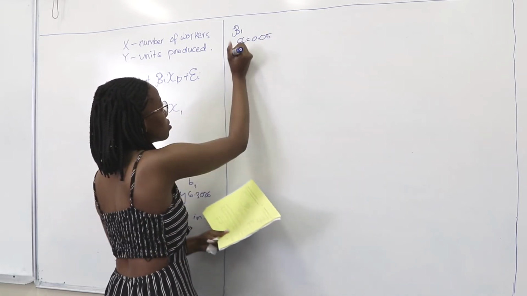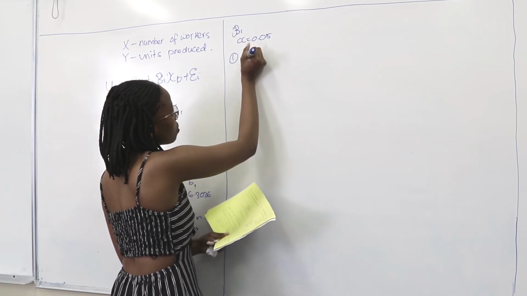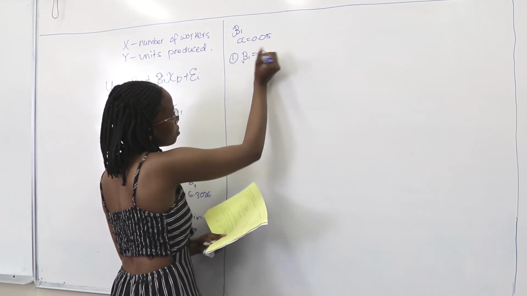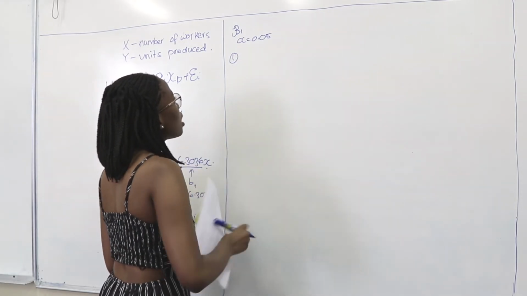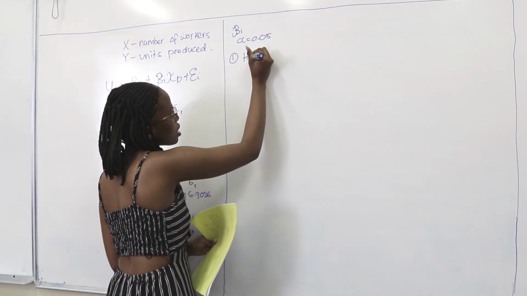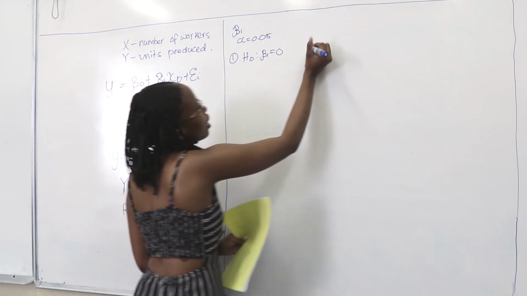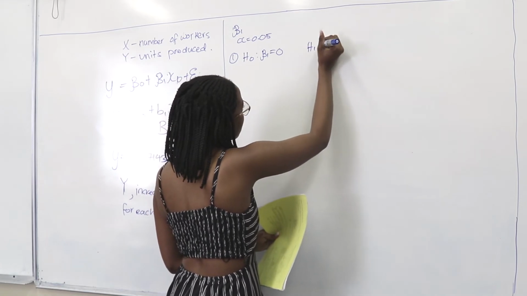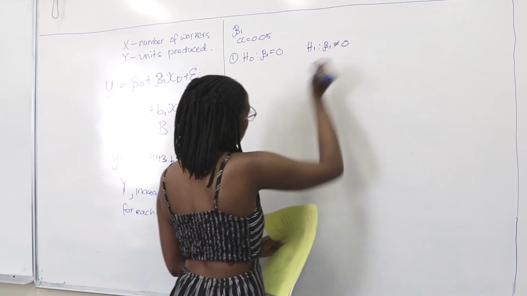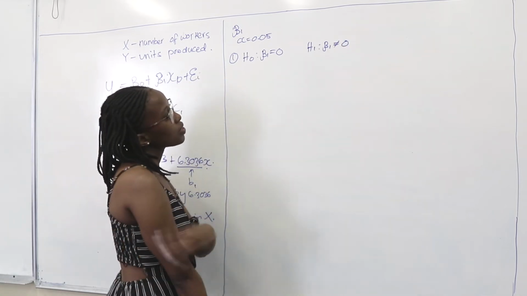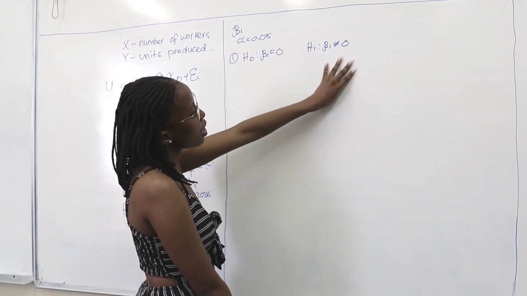So we're going to do normal hypothesis testing. Our null hypothesis states that our beta 1 is equal to 0. And then our alternative hypothesis is going to say beta 1 is not equal to 0. Because they asked us to test the significance, that's the difference between our null and alternative hypothesis.